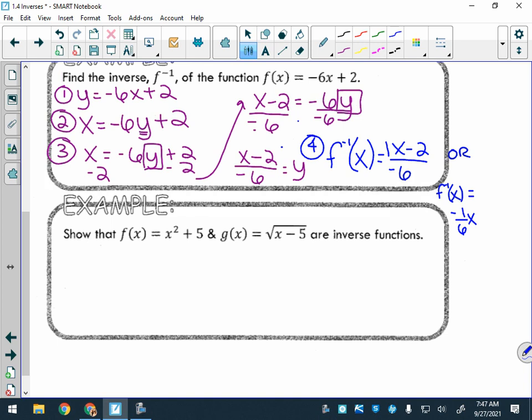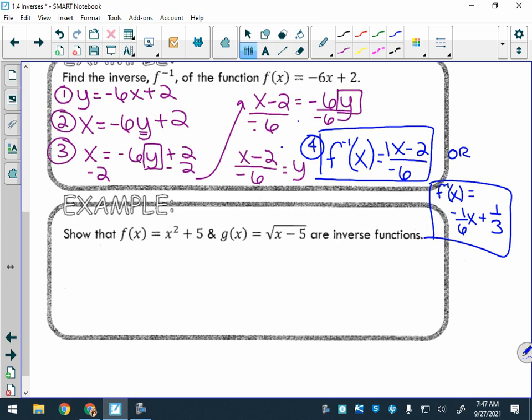Positive 1/3. So these two mean the same thing. So to find the inverse, you switch x and y and solve for y.